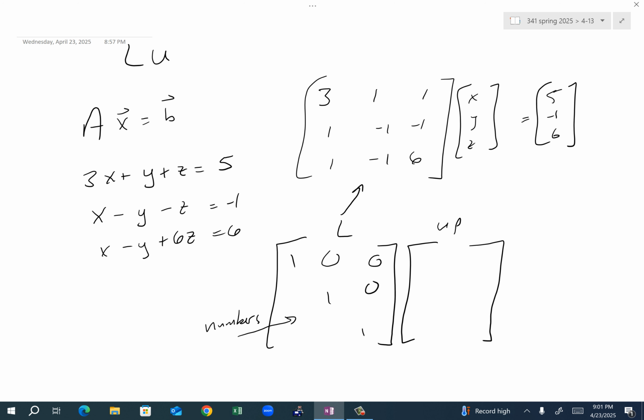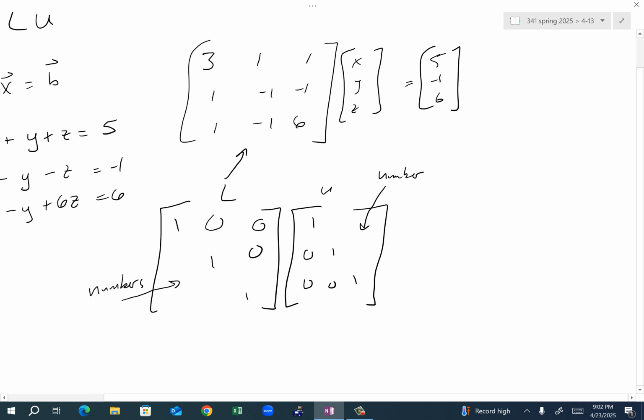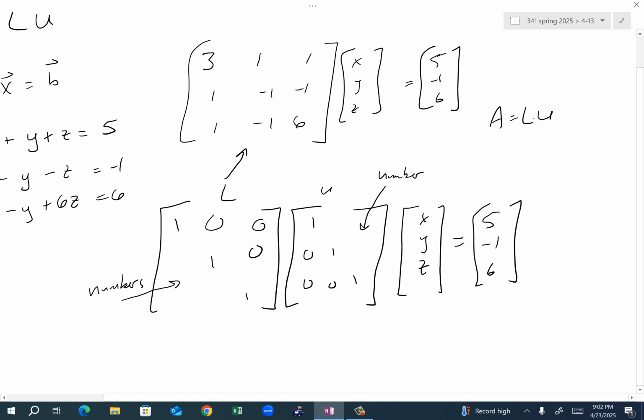And we're going to have an upper matrix, or a U matrix, which is 1, 1, 1, numbers up here and zeros down here. You with me? And then we're going to take that guy times x, y, z, of course. And of course, it's still going to be equal to 5, -1, 6, because what are we saying? We're saying that A is equal to L times U.